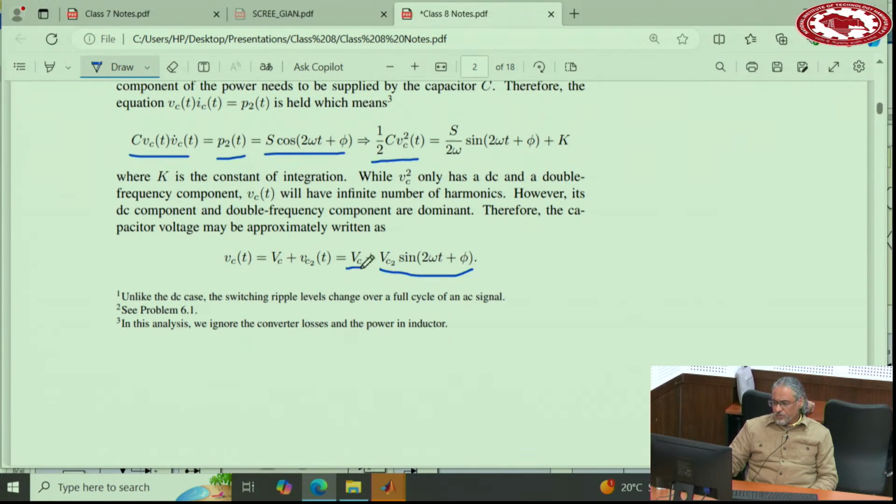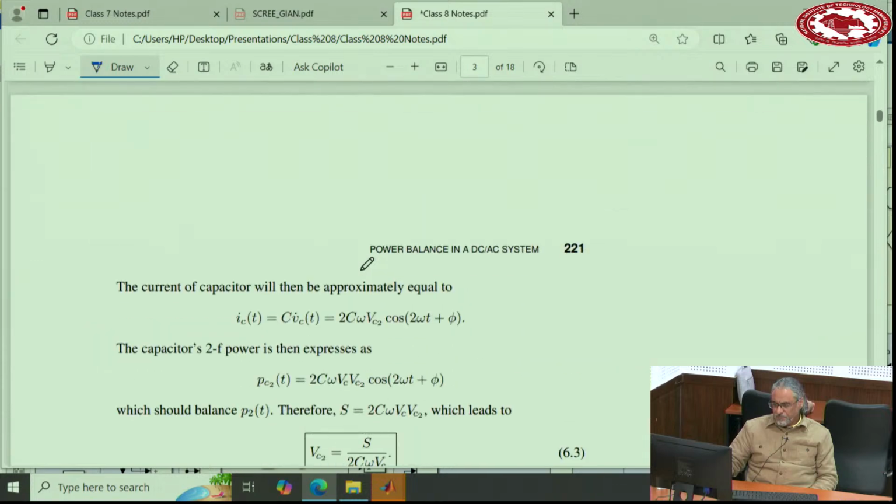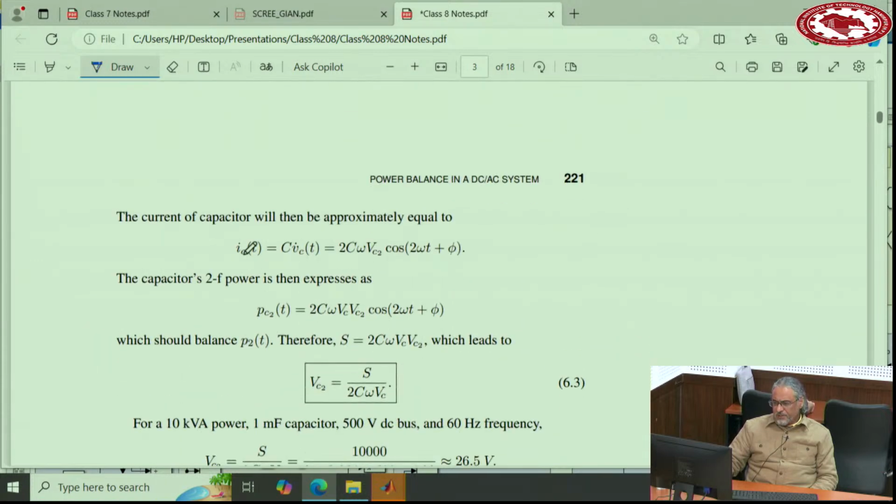So let's see how much this double frequency will be. The current will be C dV_C/dt, and then P_C2 will be the double frequency power, the voltage times the current. So that is the double frequency component of the power that the capacitor provides.